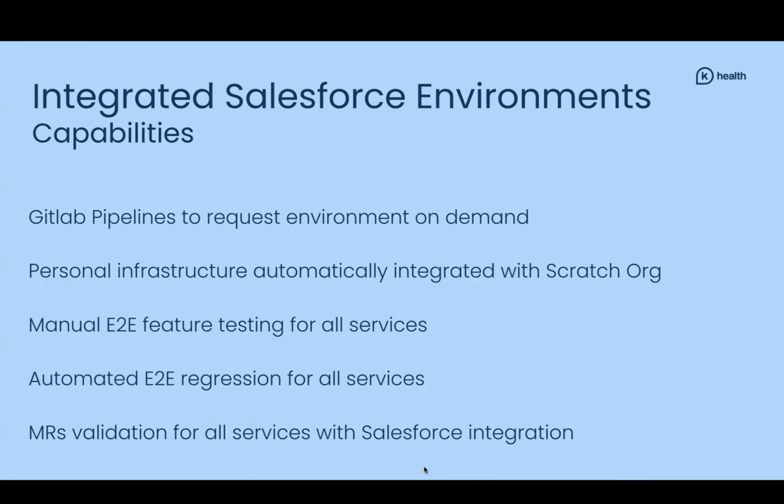So each merge request will be validated against the full stack environment, those services, if everything is good, right? So not only will those services validate against Salesforce, but Salesforce team changes will also be validated back.